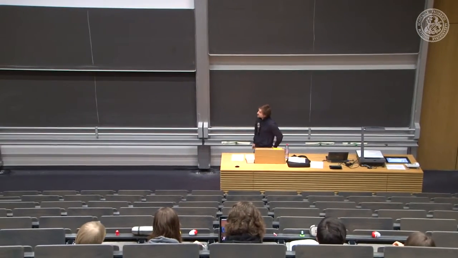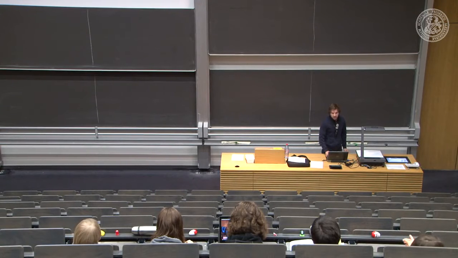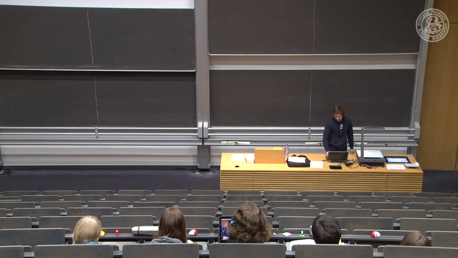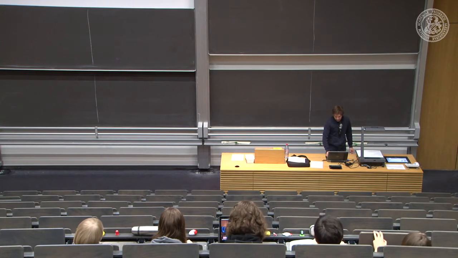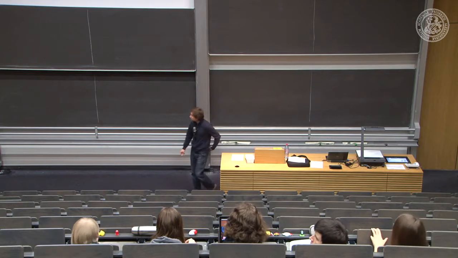On Tuesday, Professor Knapner introduced the so-called gradient method, which is an iterative method to determine approximations for a linear system where the matrix A is symmetric and positive definite.